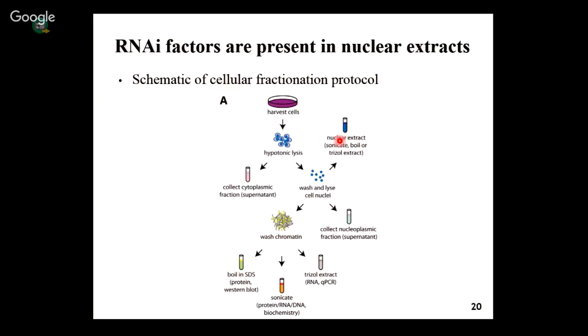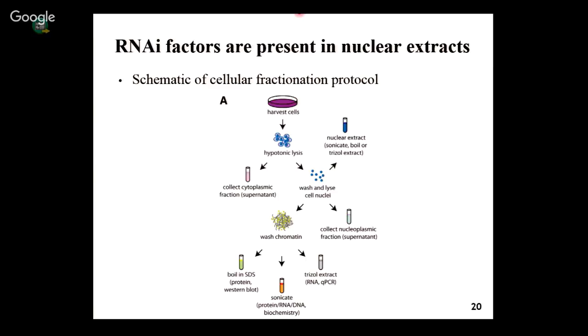So next, they want to further confirm the nuclear localization of AGO2 and other RNAi factors. They use cellular fractionation and Western blot to check whether AGO2 and other RNAi factors are actually expressed in the nuclei. So they developed a stepwise protocol.